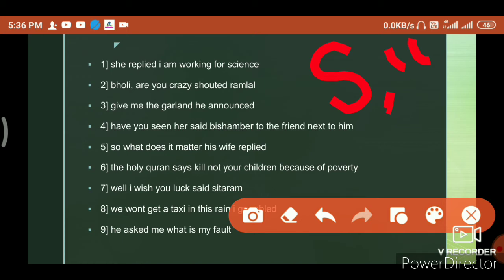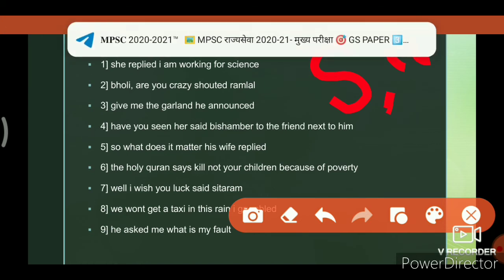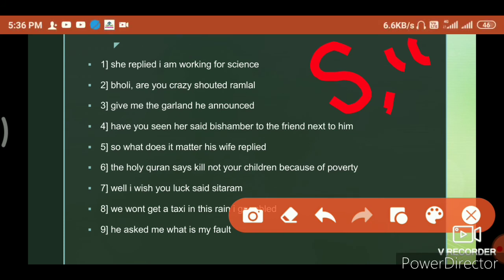You add this sentence, I am working for science, and here you must write I in capital form, close the inverted commas and give a full stop. In this way you solve this punctuation, then here you will get 2 marks.